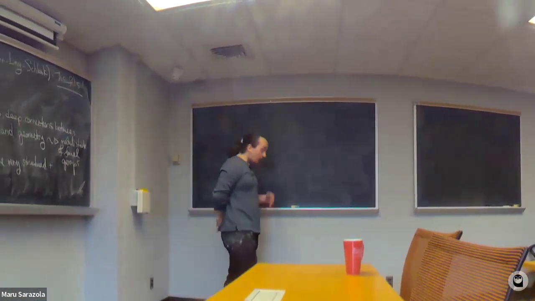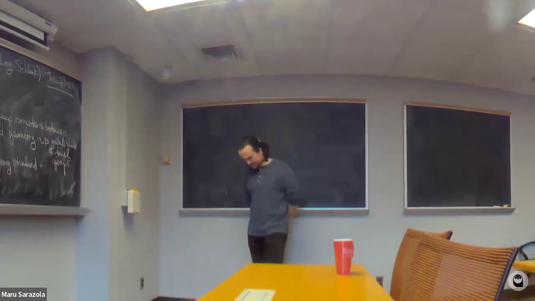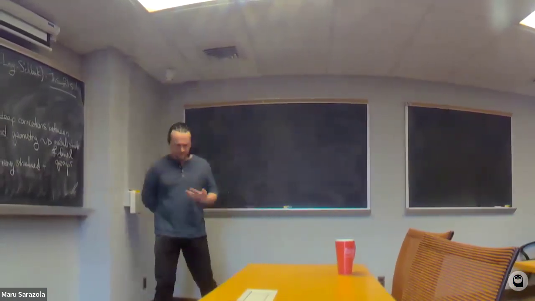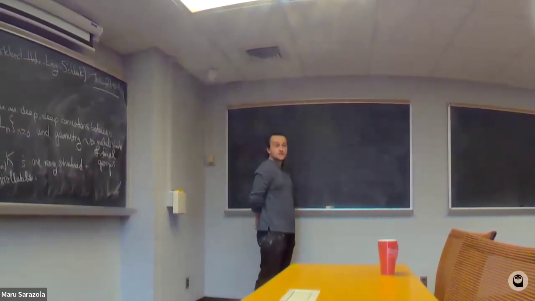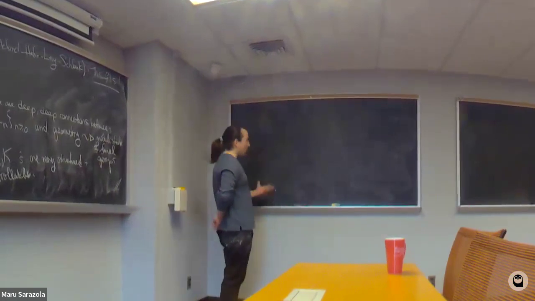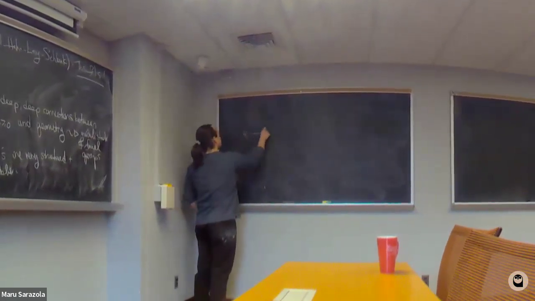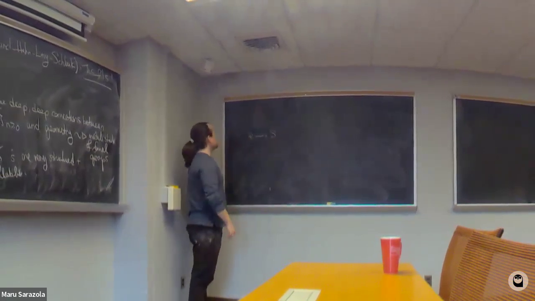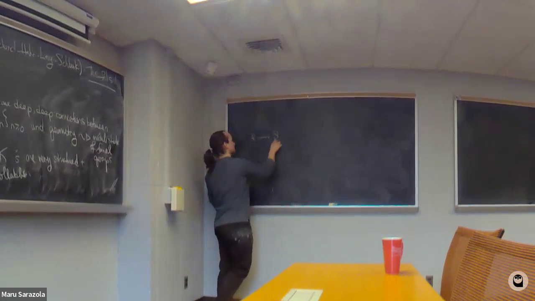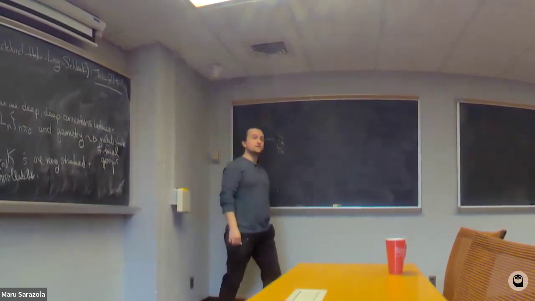And then John Rognes, in the mid to later 2000s, developed a whole theory of Galois extensions for ring spectra. And so by Galois descent, I mean something like the following. So I can tell you what this basically means. Here, S is a ring spectrum with a G action. Let's let G be finite to simplify things.